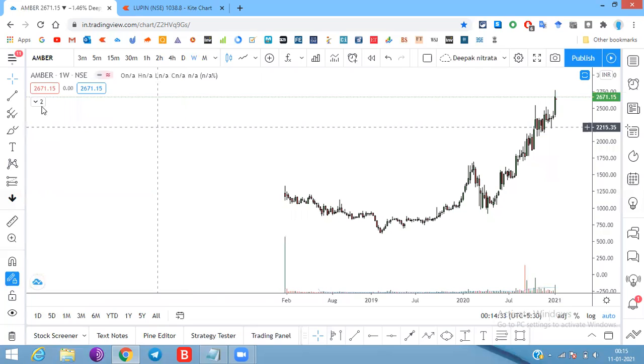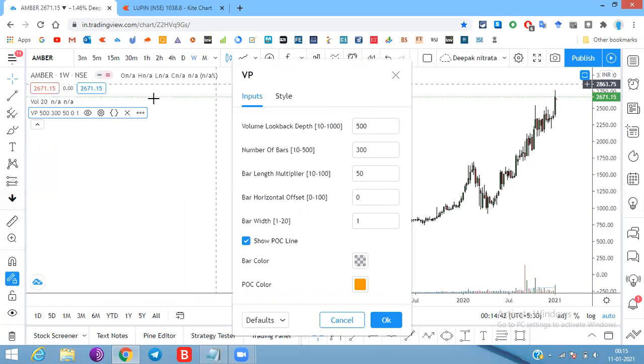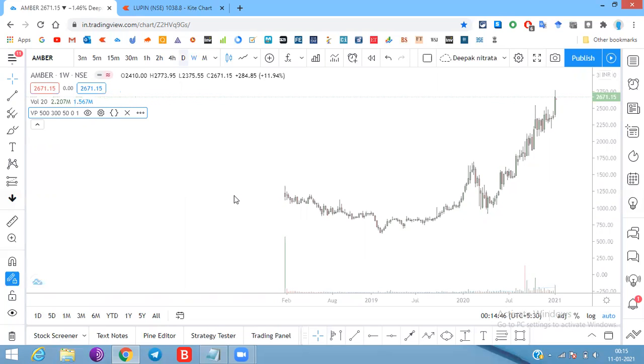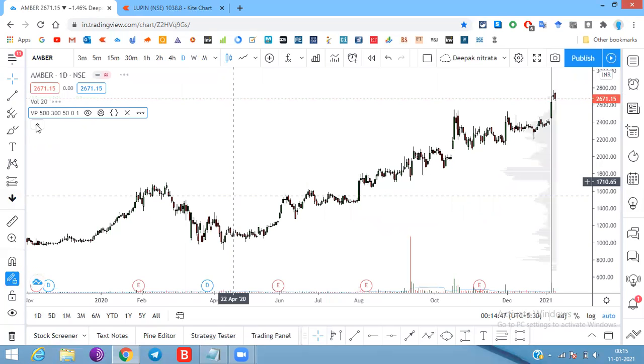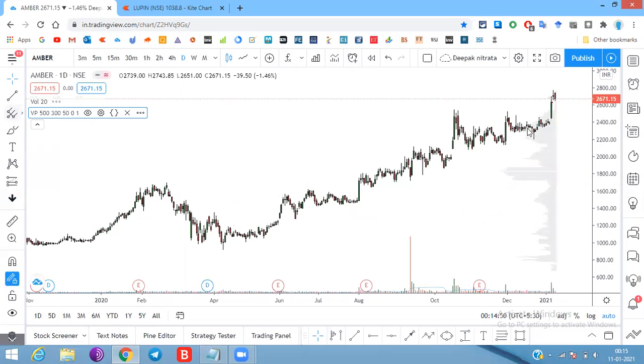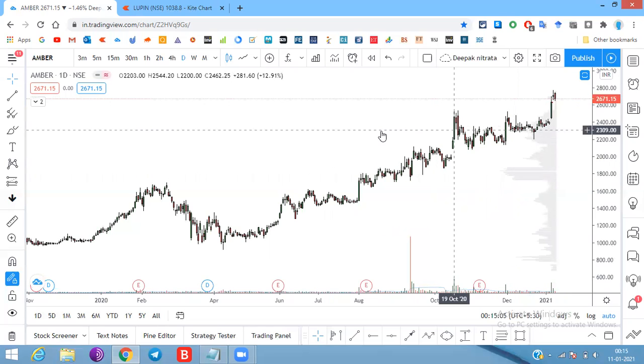Half my time went in this. Okay, yes. In Amber we can see that Amber has a POC range at this portion. It has a point of control at this range. It has a good high volume node in this balance region. Let me plot this balance region for you guys.